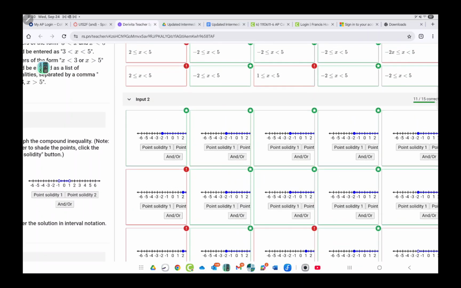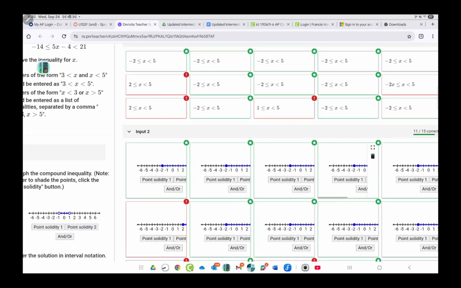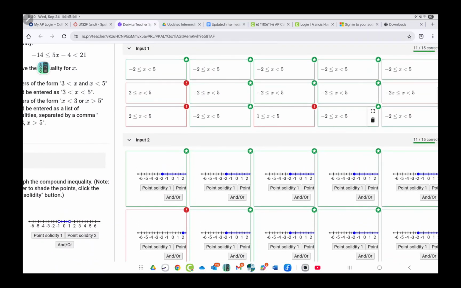You can't see the point, okay? But it should look like this, at -2 and then 5. Okay, where -2 is closed and 5 is open. That's what it should look like.